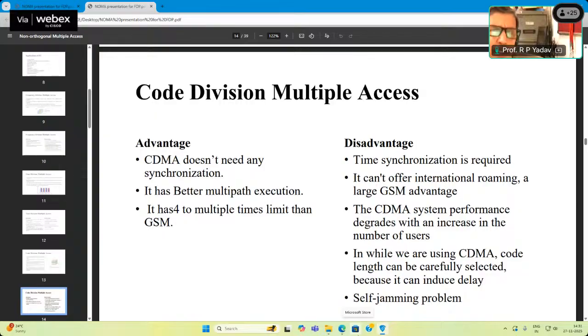The disadvantage is the time synchronization; if it's a high speed network, some synchronization is necessary. It cannot offer international roaming, a large GSM advantage. The CDMA system performance degrades with an increase in the number of users because the multi-access interference will increase.